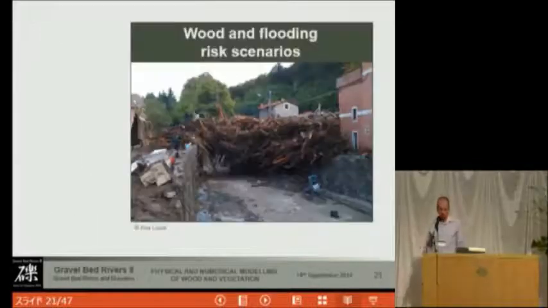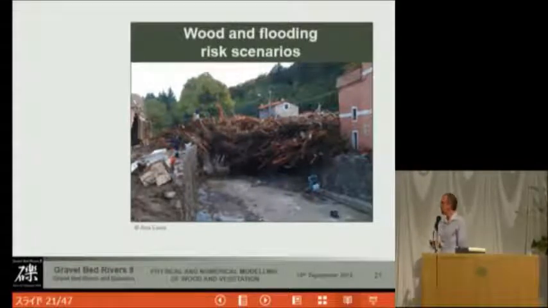Okay, so going to wood, I will present some recent results of a model developed by Virginia, where it's possible to study wood. Because, as Hervé Piégay said a couple of months ago at the Wood in World Rivers Conference, wood is good. We all know that wood is good for habitat, but it moves.